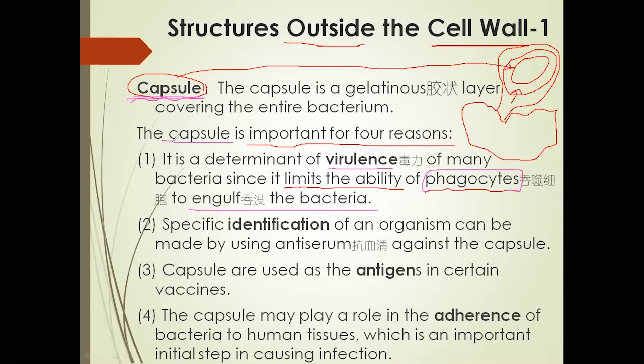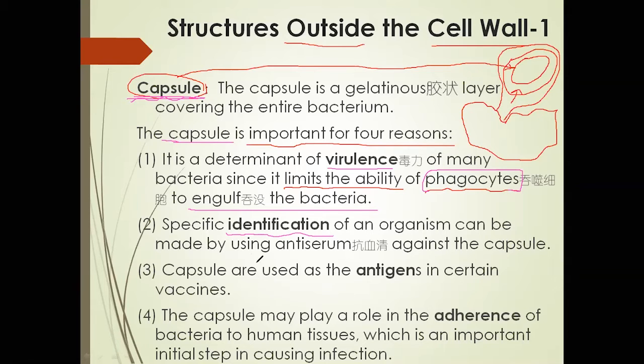So that's one function of the capsule. This function is good for the bacteria, certainly, but maybe not good for humans. Another function is that they have special identification functions.